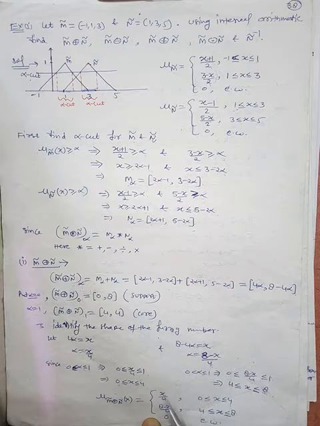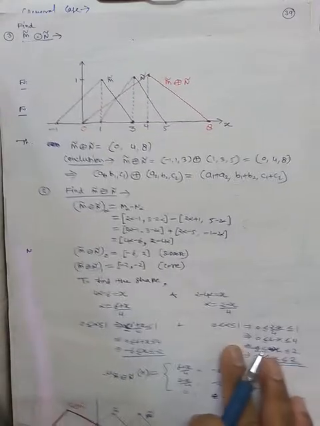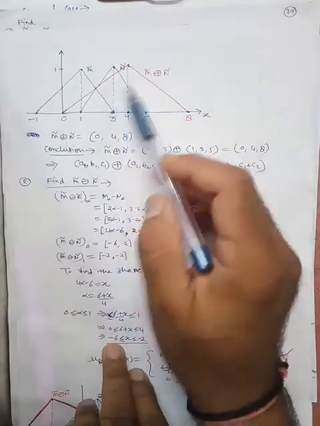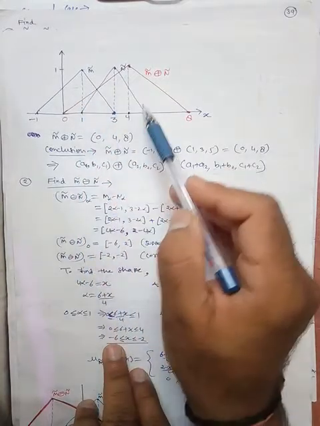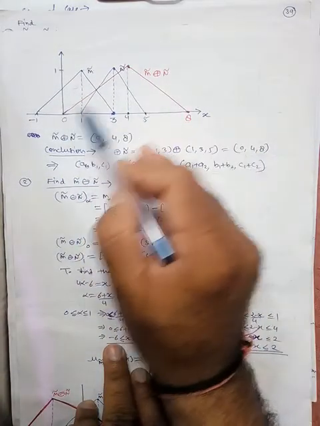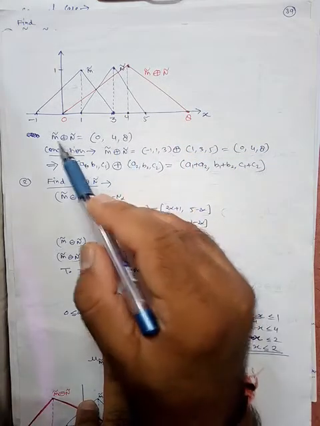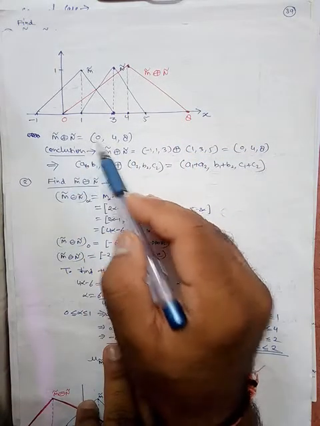Okay, so this is for the plus. Now in the second part, so this will be the member. This is m, this is n. If you take m plus n, so this red part is basically the m plus n. Okay, so what we have concluded is that m plus n is 0, 4 and 8.